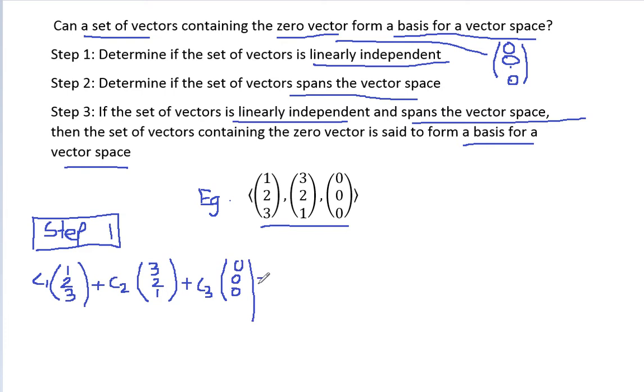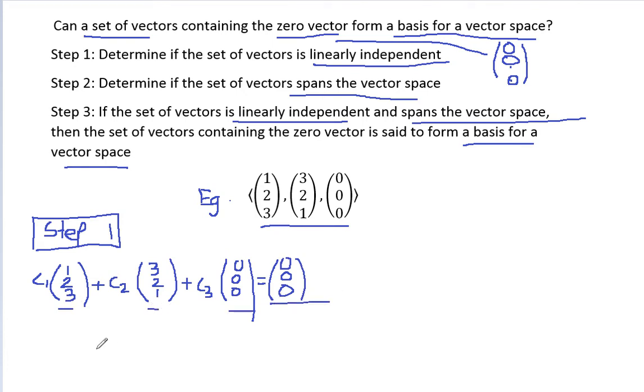So now we have 3 rows, with the zero vector in this form. Now we can write our augmented matrix, having the coefficient matrix of these three vectors and the matrix of constants, which is this.